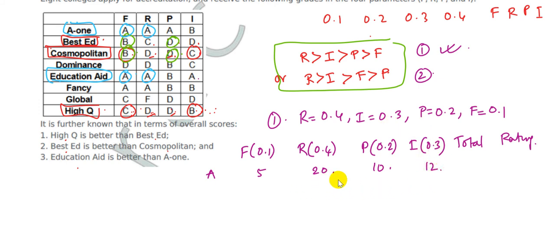So the total score will be 20 plus 12, 32 plus 10, 42 plus 5, 47.